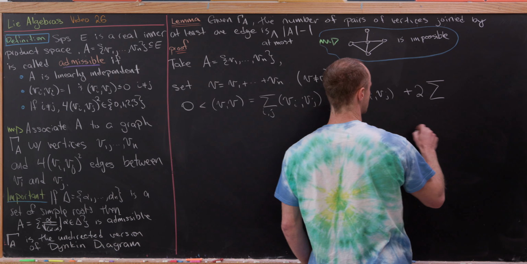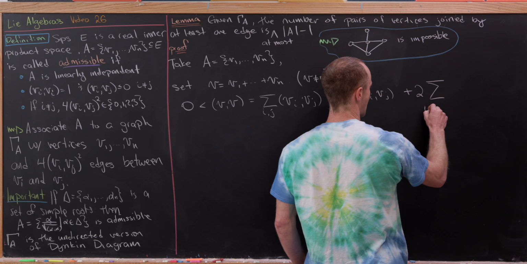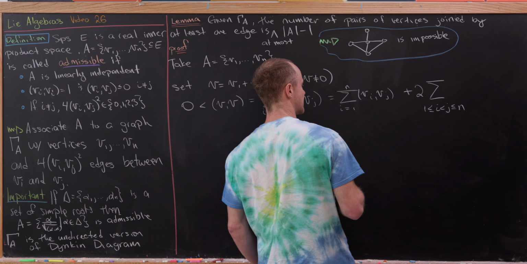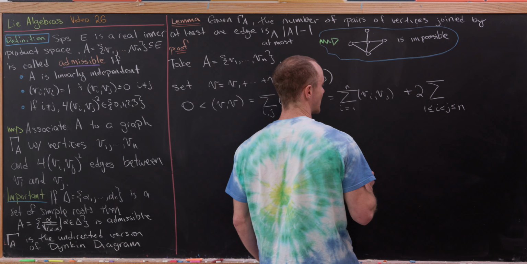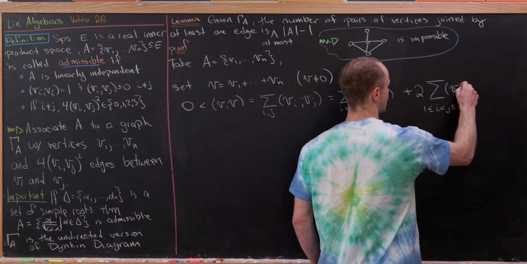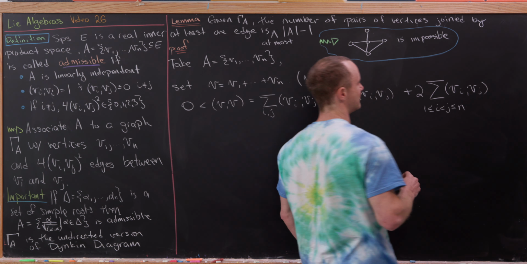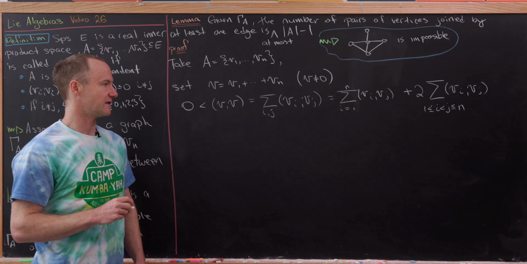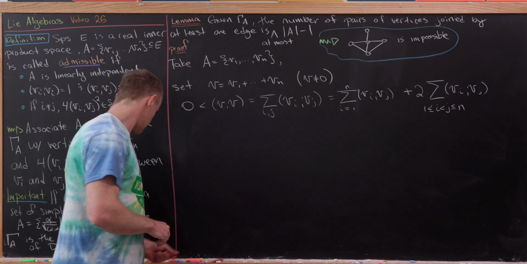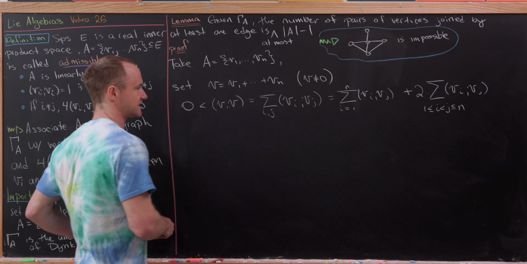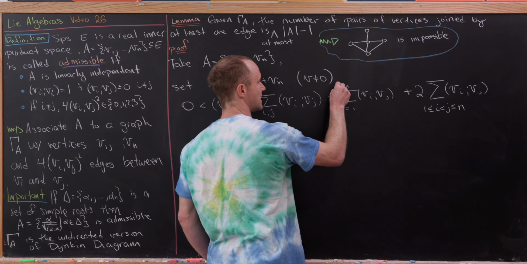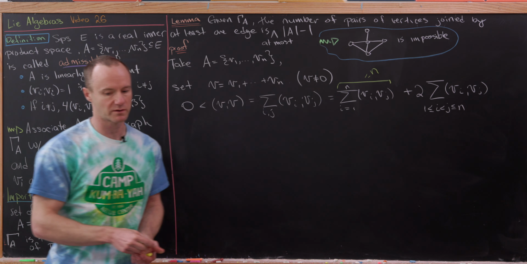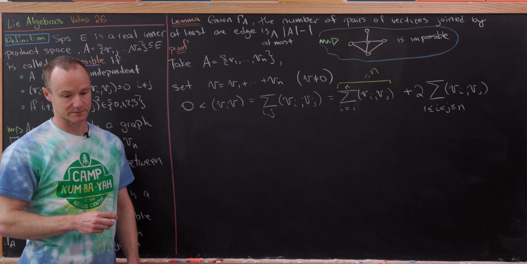We have 2, and then the sum as i is less than j, and they both run between 0 and n. Well, not really, because one is less than the other, of the inner product of vi with vj. So we've got something like that. But now let's observe, we know what one of these is. This object right here is equal to n, and that's because it's just 1 plus 1 plus 1, n times.